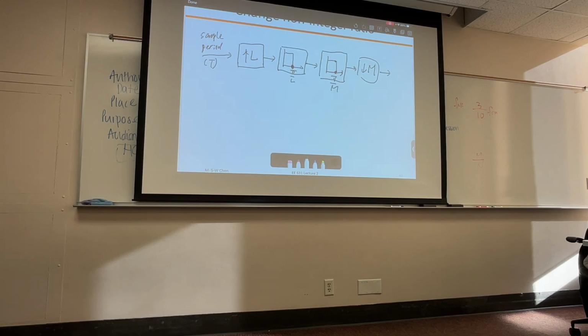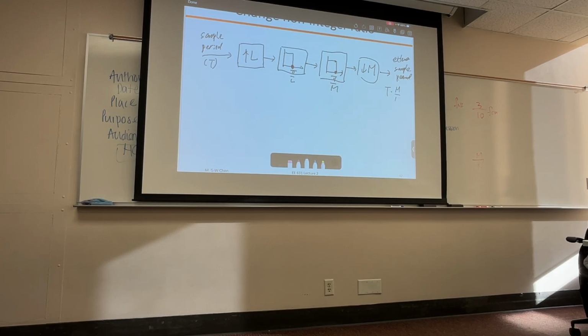All right, what's the effective sample rate after all this exercise? The effective sample period: before it's T, right? So now it's T times L divided by M, or M divided by L?